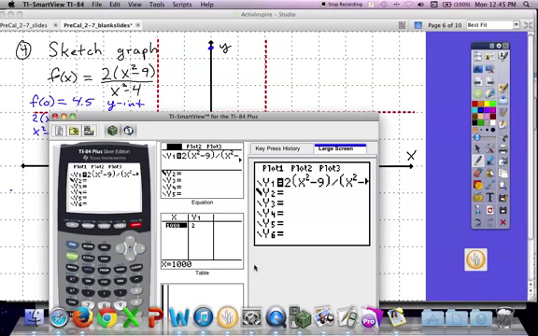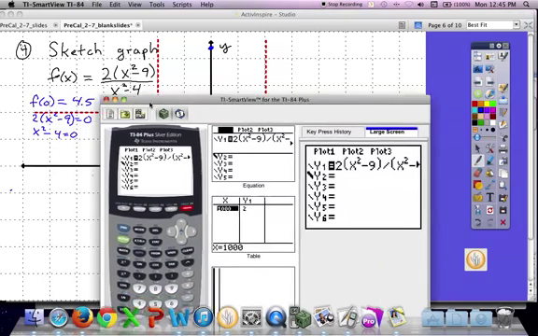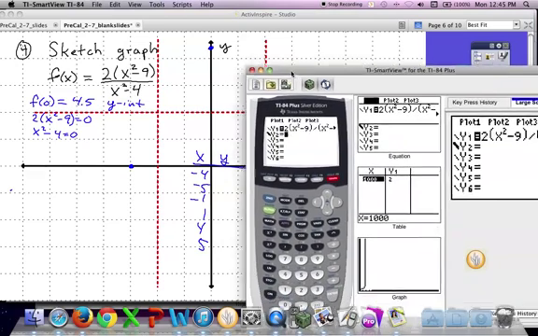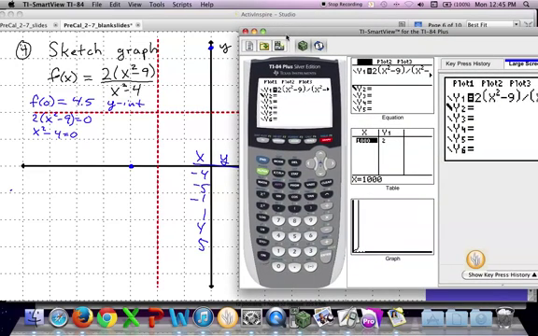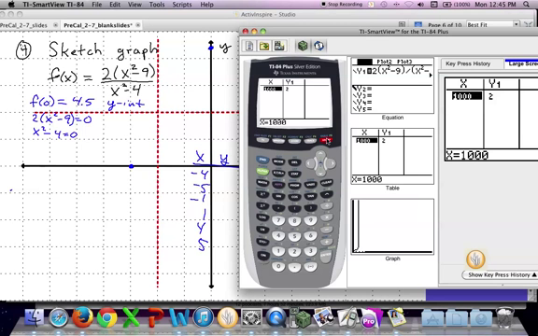Okay, so let's go to the table of values with this thing. And we're going to do negative 4. Oh, that was negative 5. That's okay. Negative 4, negative 1, 1, 4, and 5.